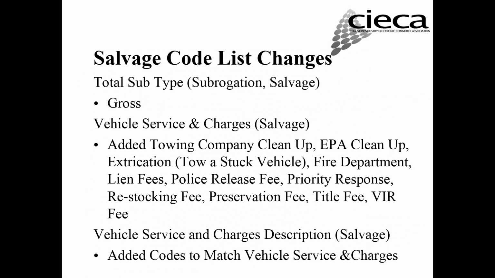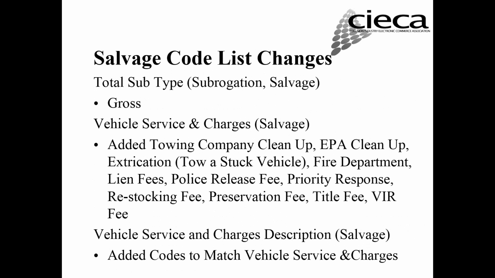We've added gross. For vehicle service and charges, we added towing company cleanup, EPA cleanup, extrication, so a stuck vehicle, fire department, lien fees, police release fee, priority response, restocking fee, preservation fee, title fee, VIR fee.